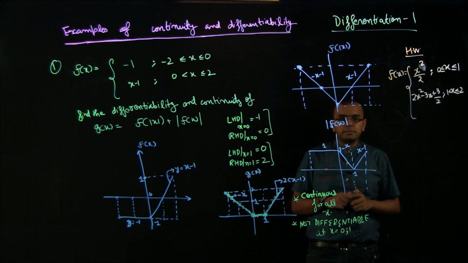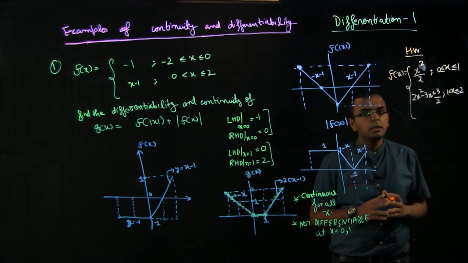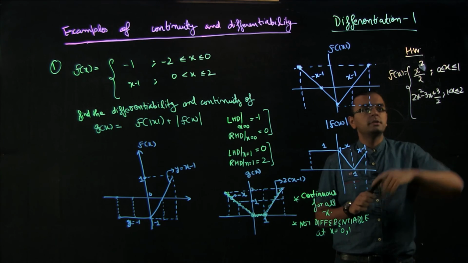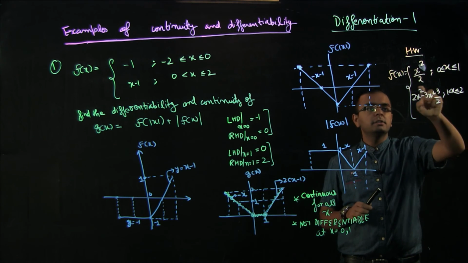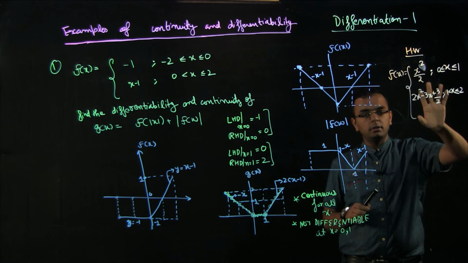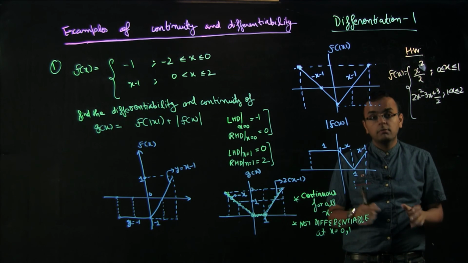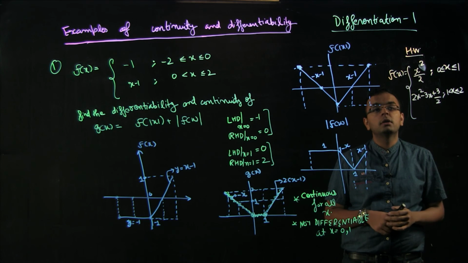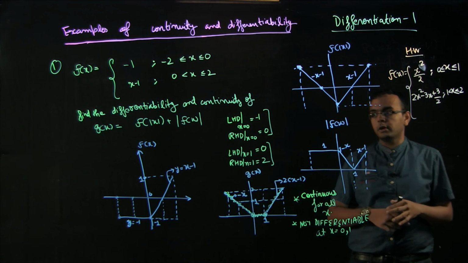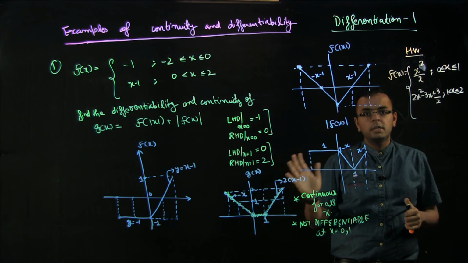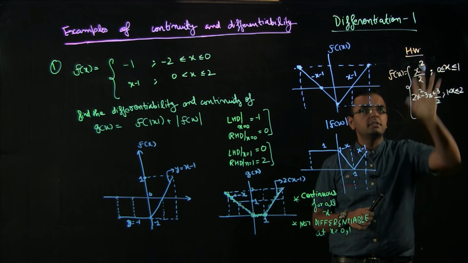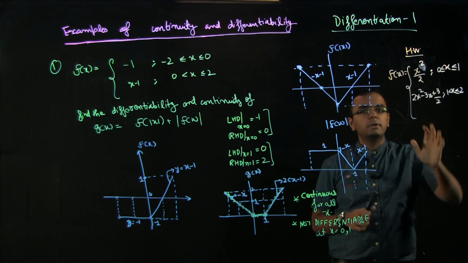We have discussed previously that whenever there is a polynomial, it is always continuous and differentiable. So this is continuous and differentiable in its part, and this is continuous and differentiable in its part. The only thing that is remaining is x equal to 1. What will happen at x is equal to 1? You should just calculate LHD and RHD, and to calculate them you can just differentiate these functions and calculate the value at 1.